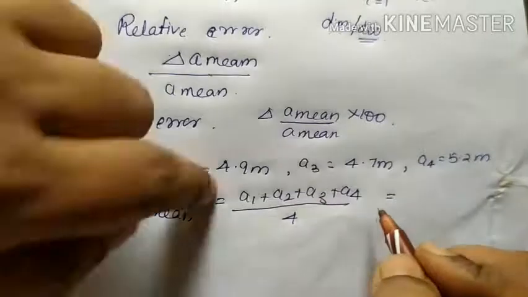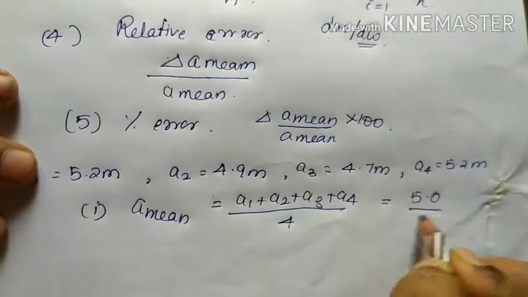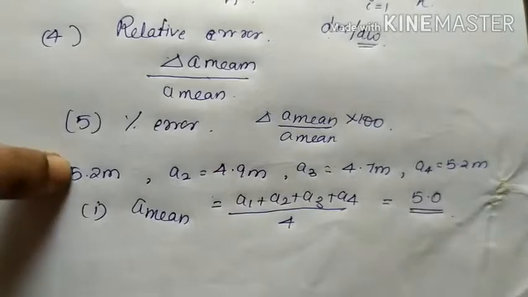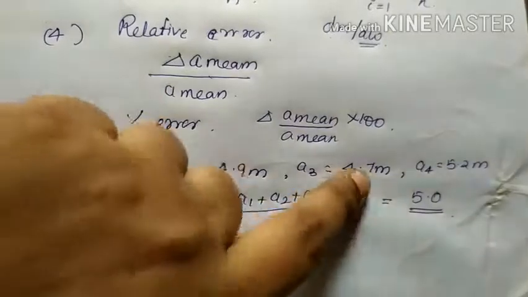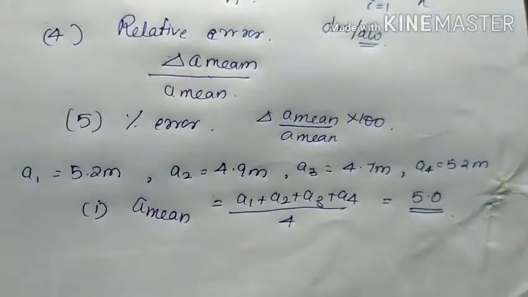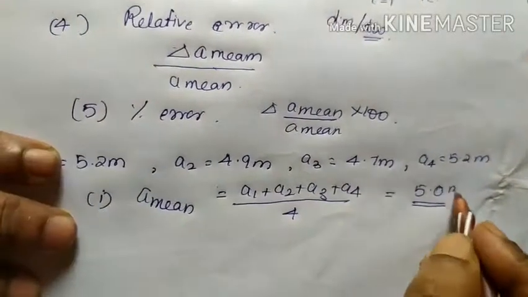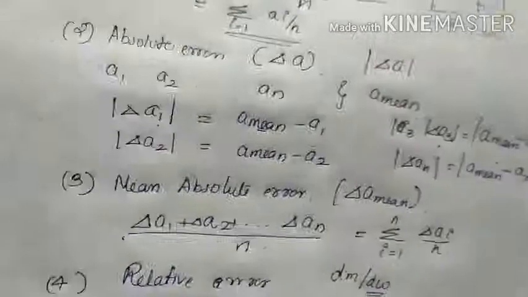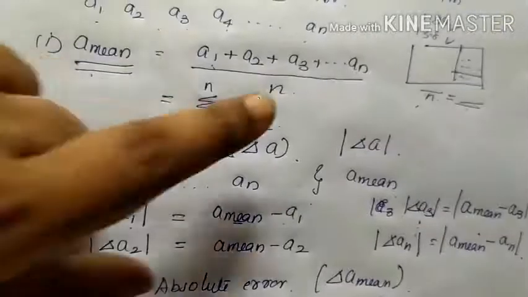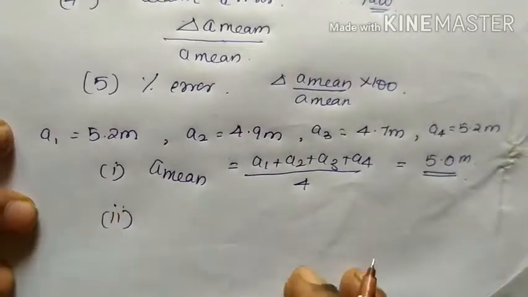I'm not going to do the calculation: 5.2 plus 4.9 plus 4.7 plus 5.2 whole divided by 4, you will get the value as 5. So what is the true value of the measurement? It is 5 meter. So you got the first term which we discussed earlier, that is mean. Clear? Now the second term which we discussed is absolute error, right?